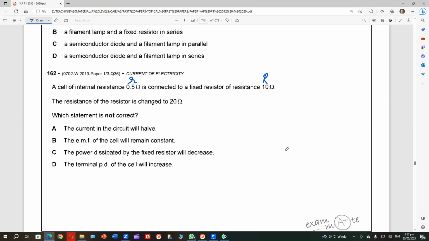The resistance of the resistor is changed to 20 ohm. Which statement is not correct?